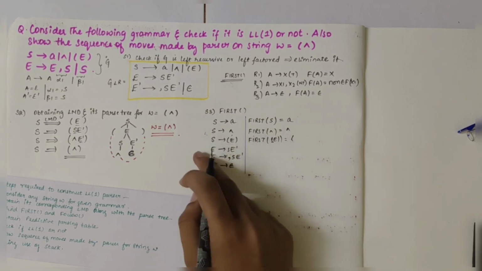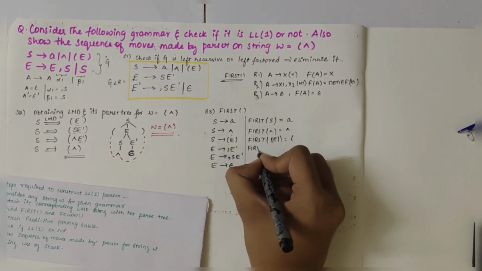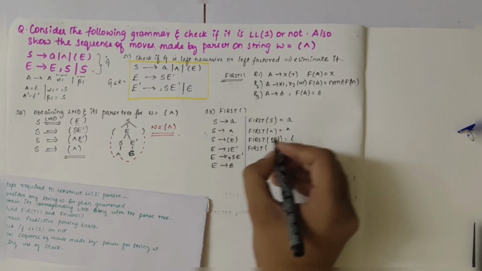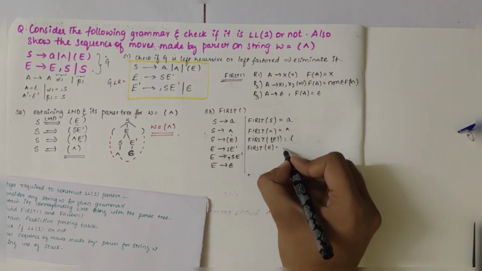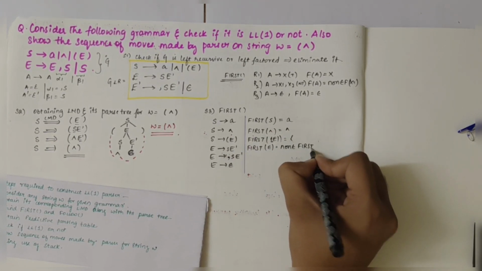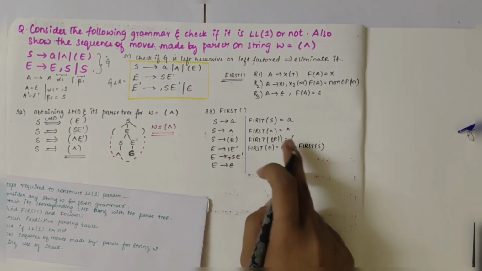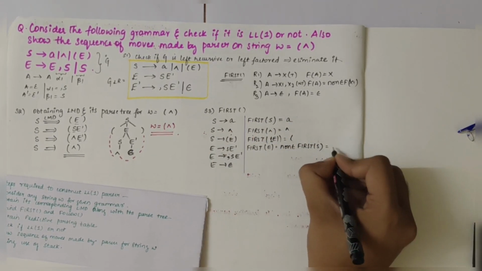Coming to this production, E derives S E dash, here S is a non-terminal, so first of E is equal to non-epsilon first of S. S has A, exponential symbol and open bracket, so it will be the same.